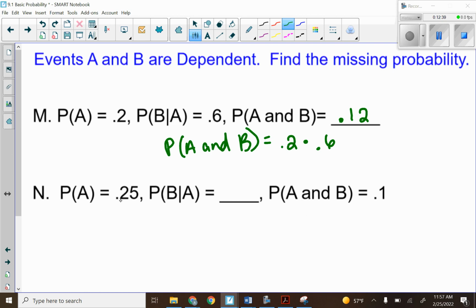P of A in our second example is 0.25. P of B given A is what we're trying to find. We know that P of A and B is 0.1. So in this case, it's 0.1 equals 0.25 times the probability of B given A. So I need to divide by that 0.25.